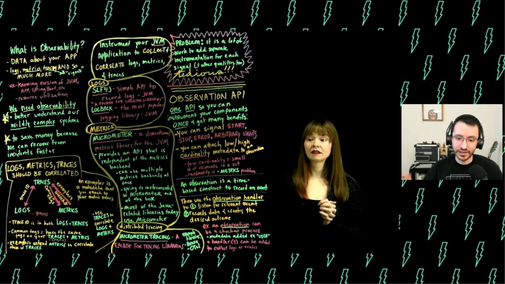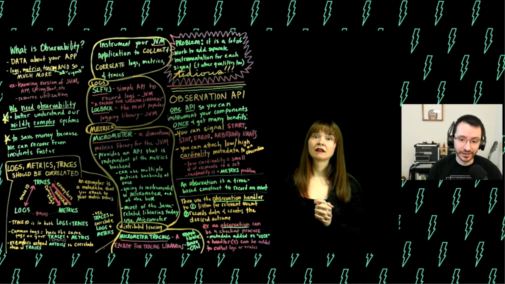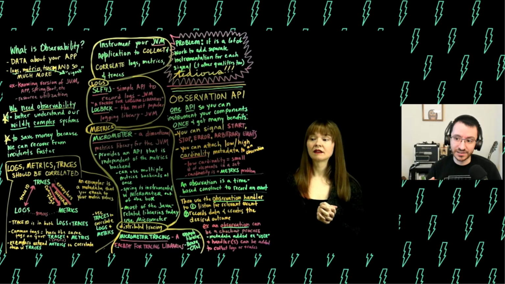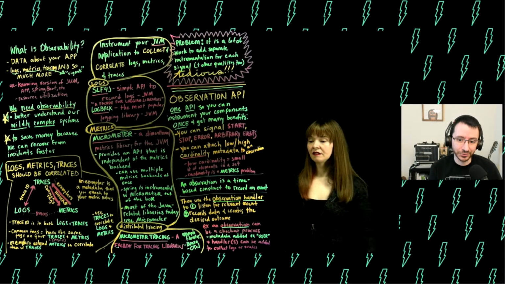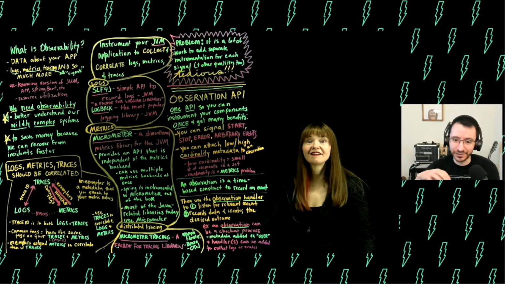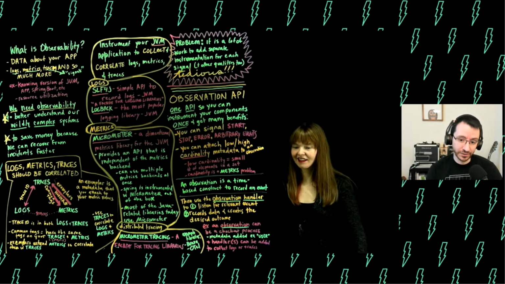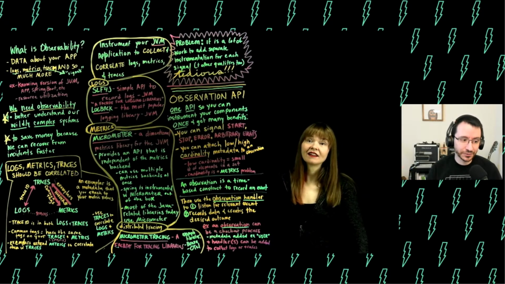Let's say you are using an HTTP client that you cannot touch because it's an open source library somewhere, and it is instrumented and has metrics, but you also need distributed tracing for it. What do you do? You somehow need to modify it or wrap it or work around things. With the Observation API, if that HTTP client is instrumented with the Observation API, you can decide at runtime, hey, I need metrics.